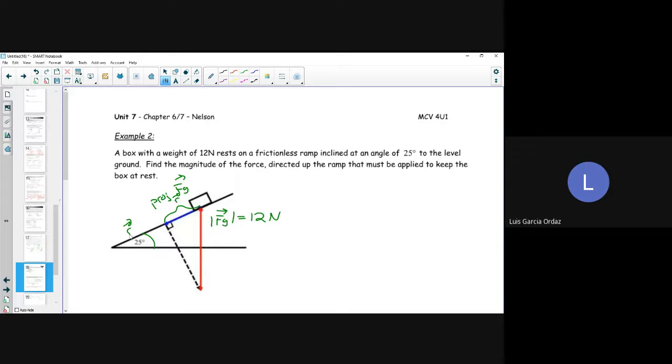Now I need to figure out what angle I need to use to help me solve this question. Remember, when we're talking about the projection of something, from the first page, we know the projection of A onto B is the same thing as the magnitude of A times cos theta.